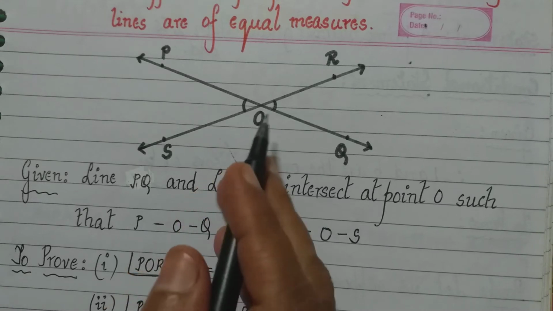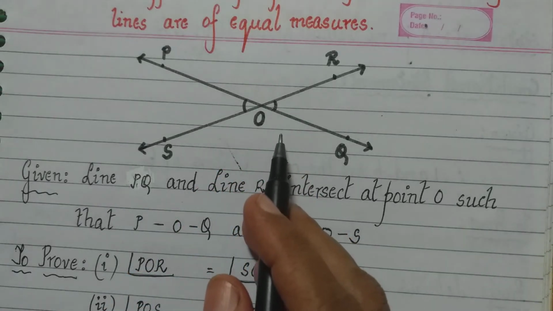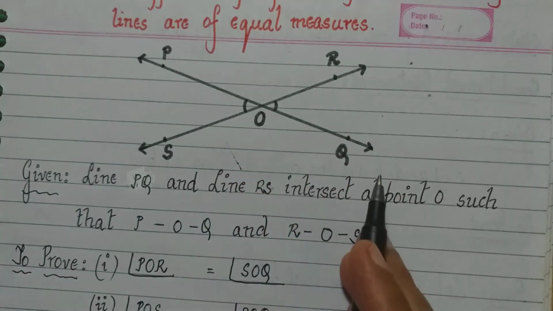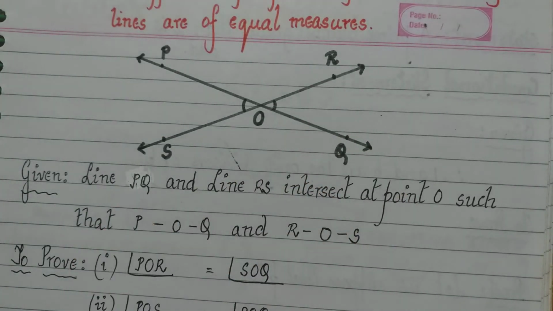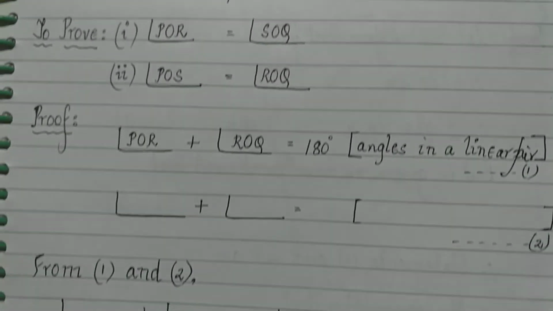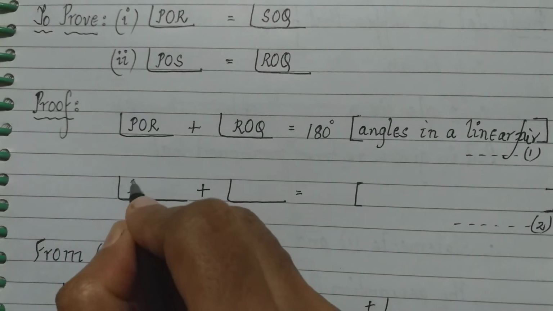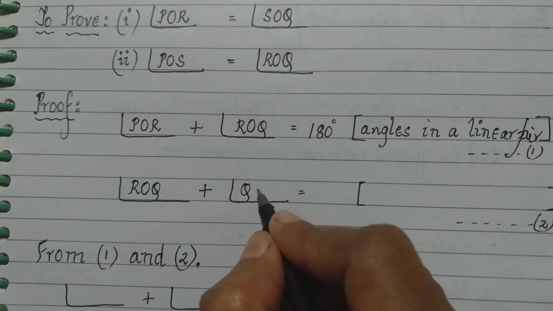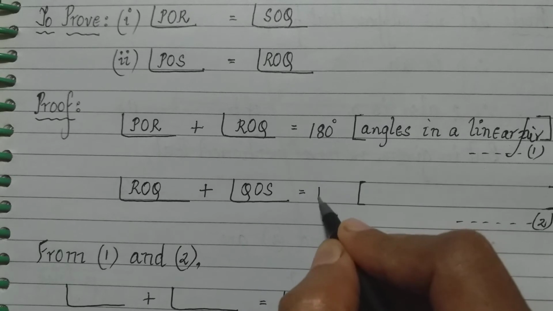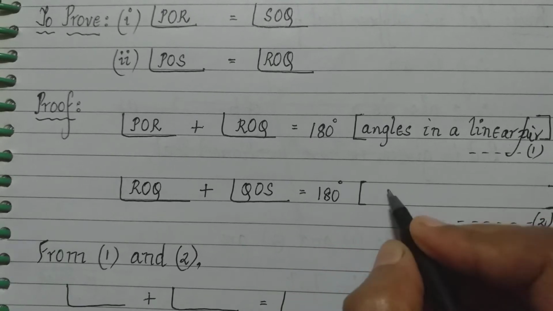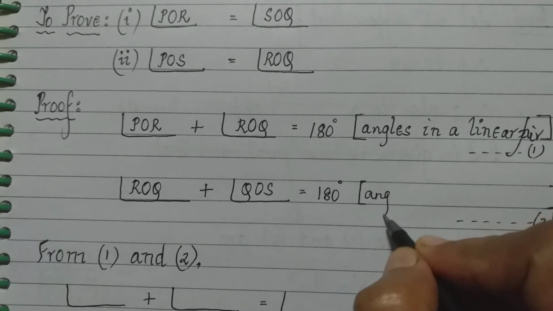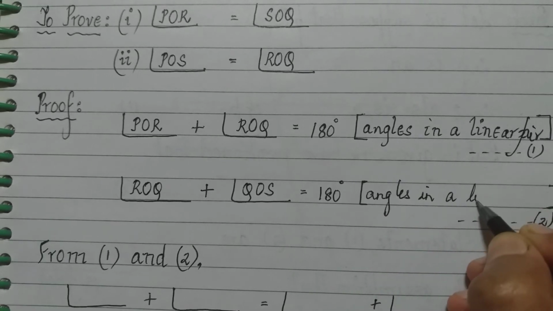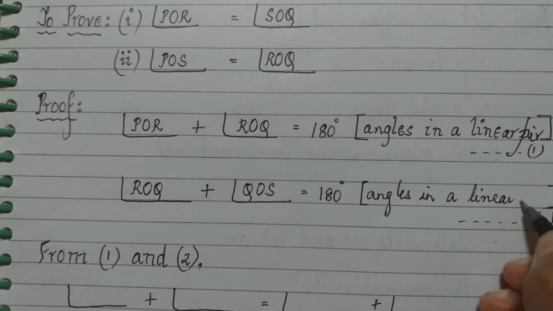Again the same reason, because they are angles in a linear pair. Therefore we write the second line: angle ROQ plus angle QOS is equal to 180 degrees. Again the same reason, angles in a linear pair.